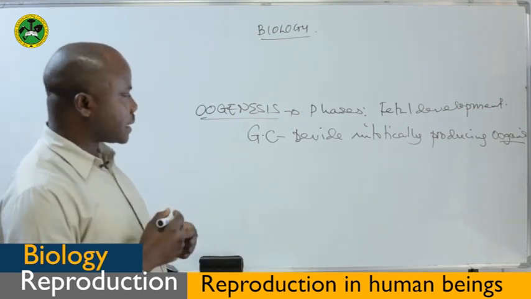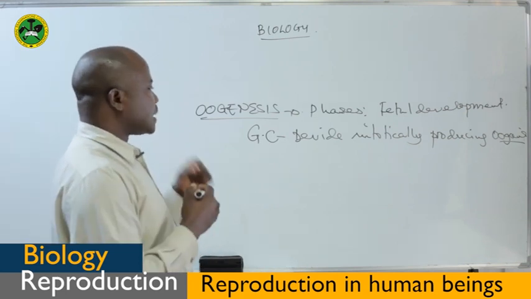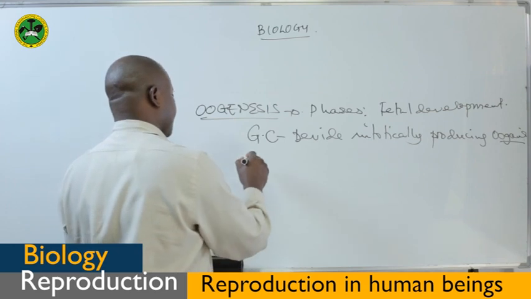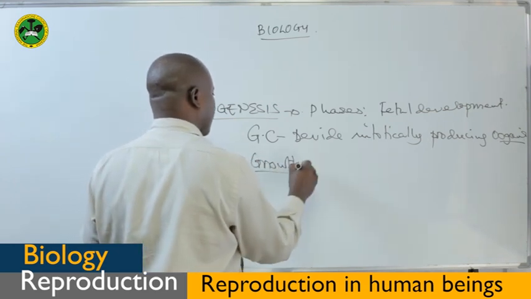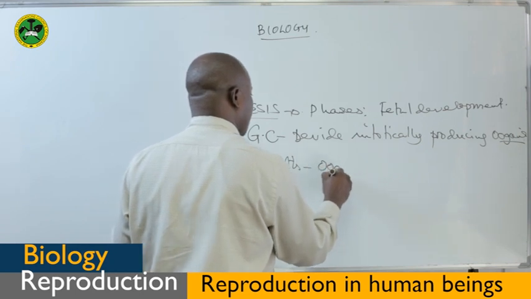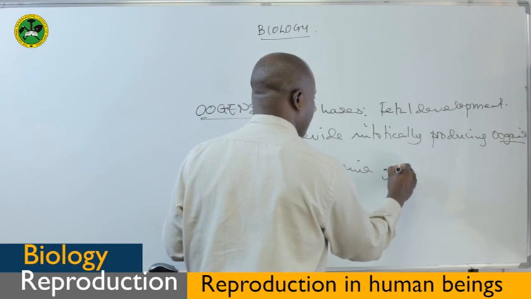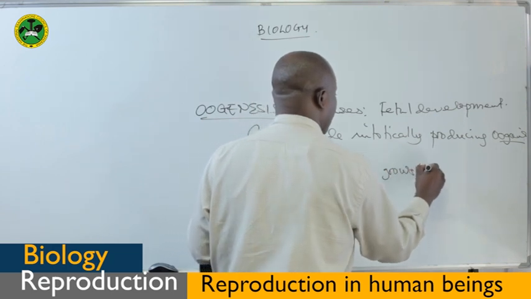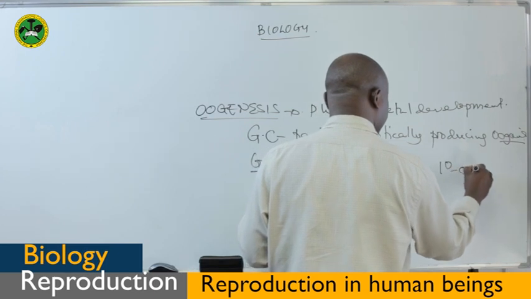But this process does not stop there. It undergoes cell growth. Here, the oogonia grow to primary oocytes.